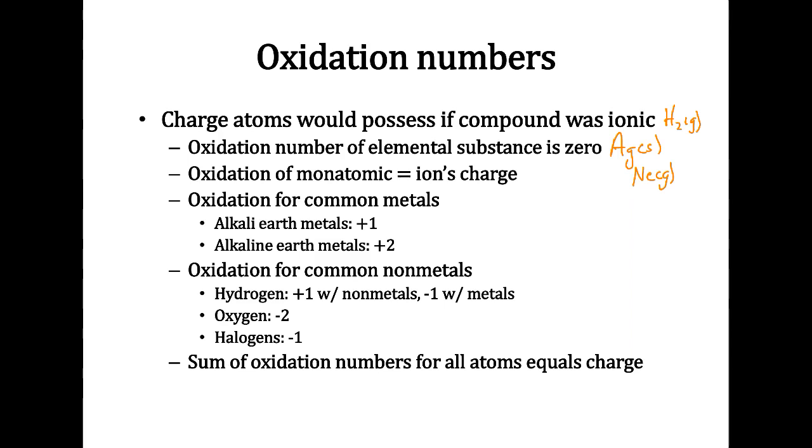And if you are in elemental form, then your oxidation number is 0. So the next one we're going to talk about is the monatomic ion. Okay, so monatomic, mono means 1. So for instance, if we had magnesium 2+, okay, magnesium 2+ would have a +2 oxidation number.